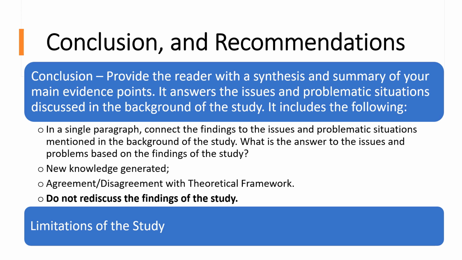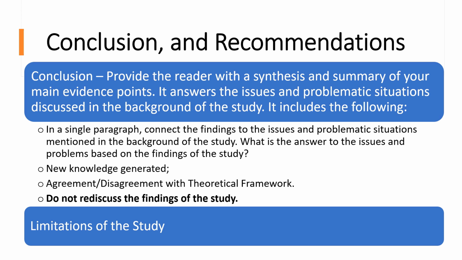So in a single paragraph, discuss the issue you discussed in the background of the study and provide a connection between that issue and the findings of the study. How do the findings of the study address the issues and problematic situation?